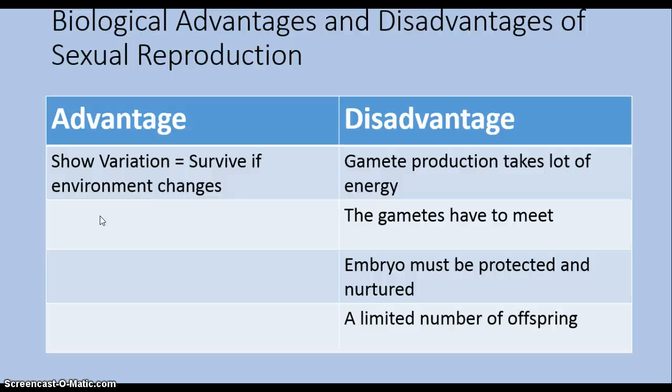Another downfall is that the embryo must be protected and developed during development. This is the most severe in cases of mammals and humans, where the embryo is developed inside the female. And because of the amount of energy and time it takes for sexual reproduction, the offspring are limited in number.